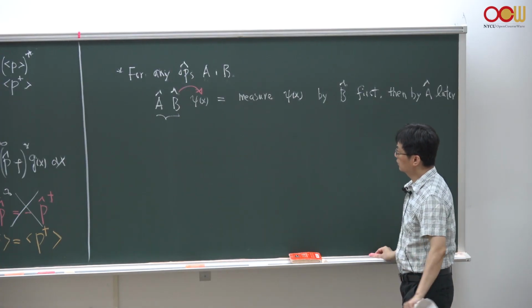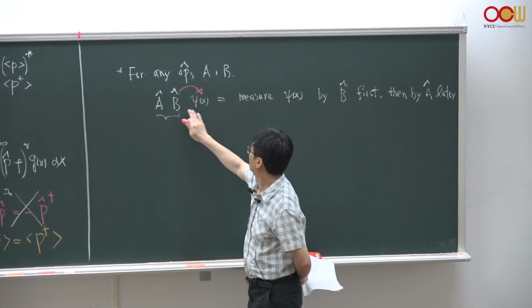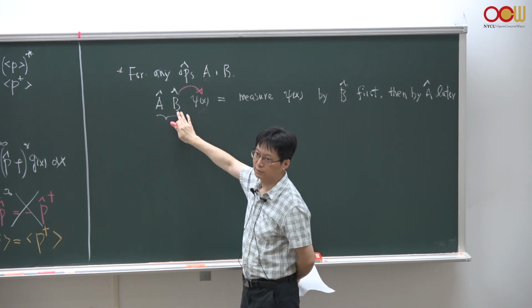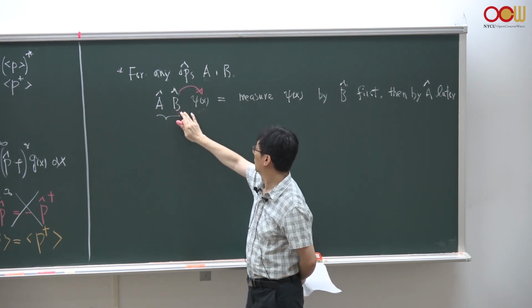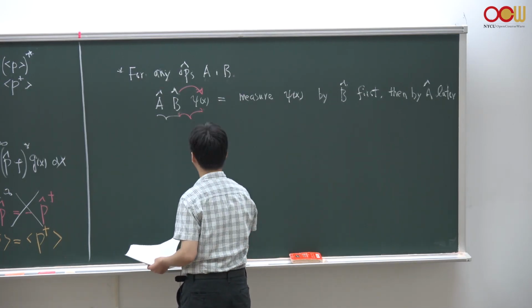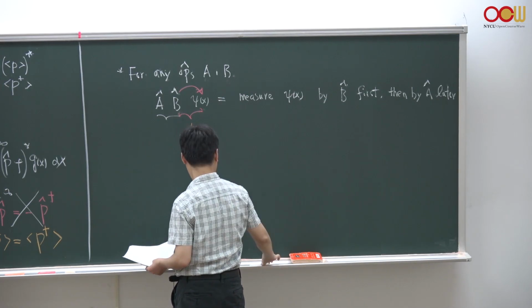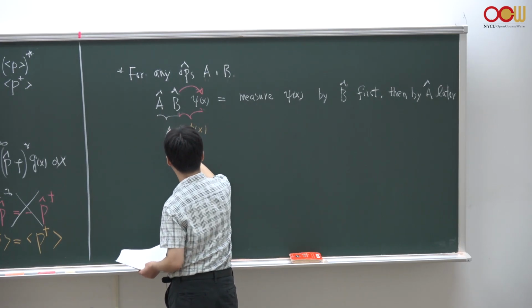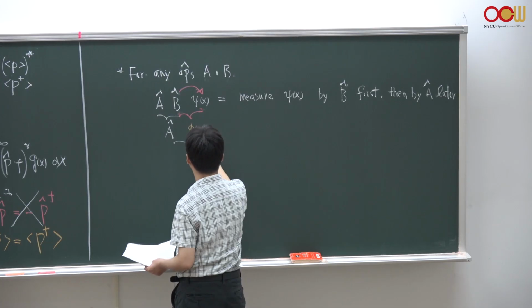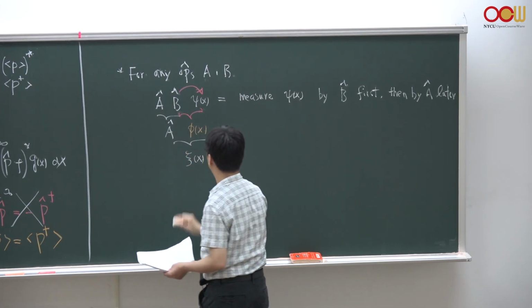You know very well that when I take the measurement of some quantum mechanical state by an operator, the result is still a quantum state. This is another state which I call phi. Then I should take the second measurement, and this leads to, say, another state called xi.